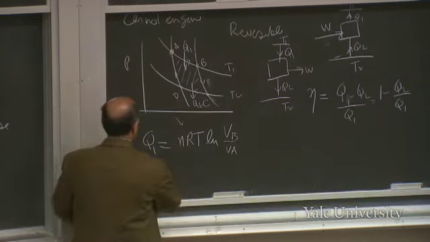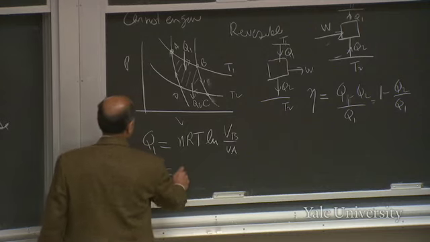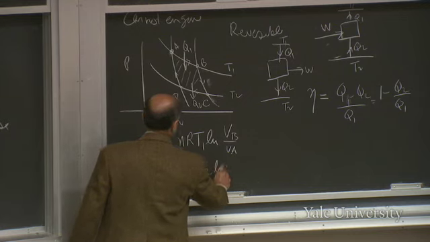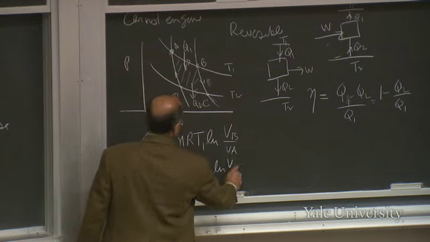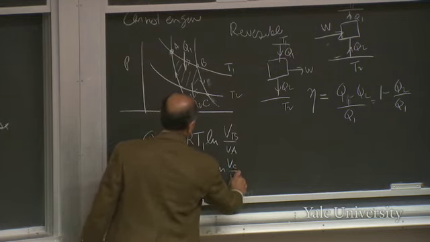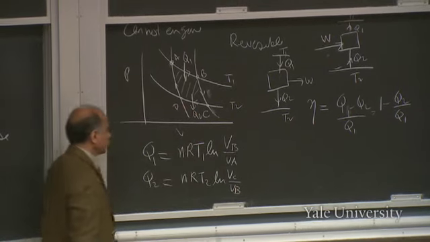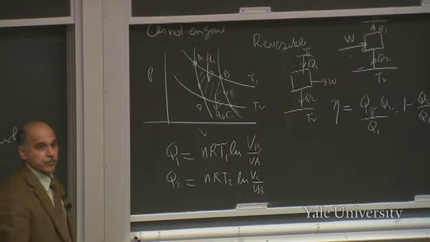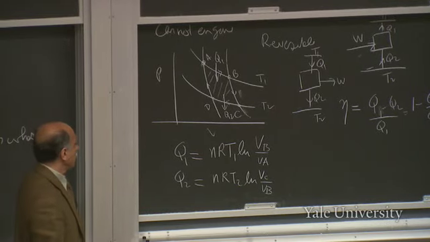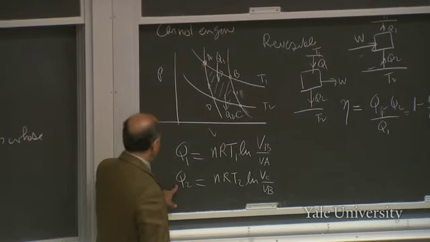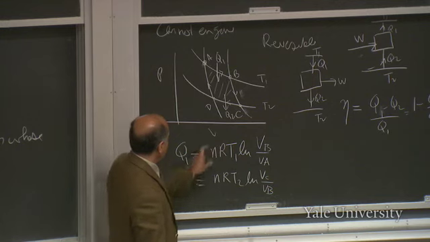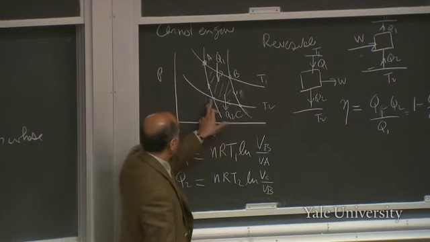Similarly, Q2, as a positive number, is nRT2 log VC over VD. Remember, Q2 here is defined as a positive number, even though it's the heat rejected. So if I want to get a positive number, I write the log of V initial over V final.